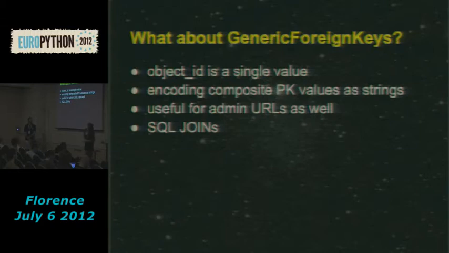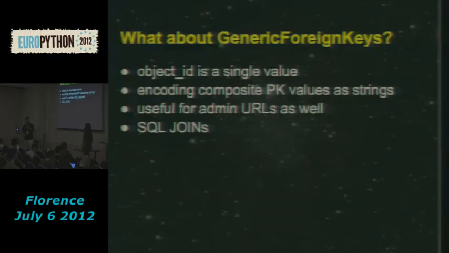So, to support this, the encoding of a composite value needs to be reproducible at database level. So the database can take the values of composite keys in the tables and join them automatically without resorting to Python code.